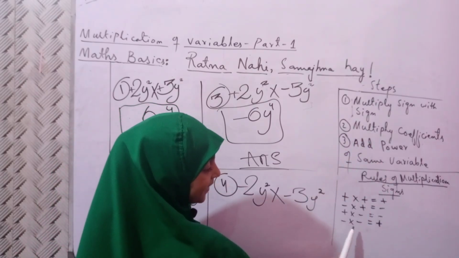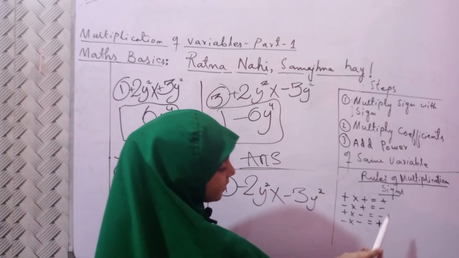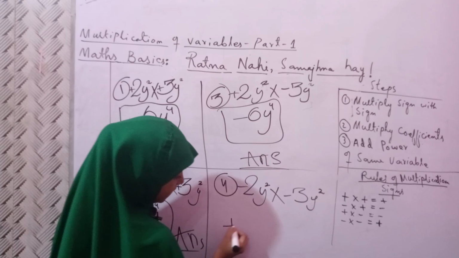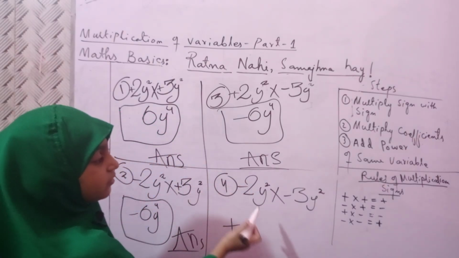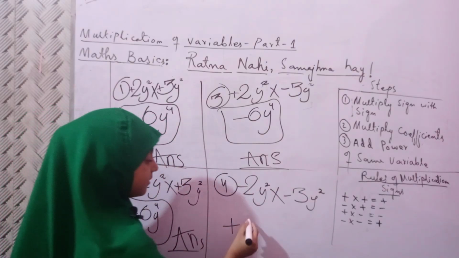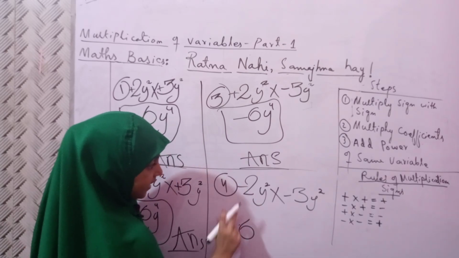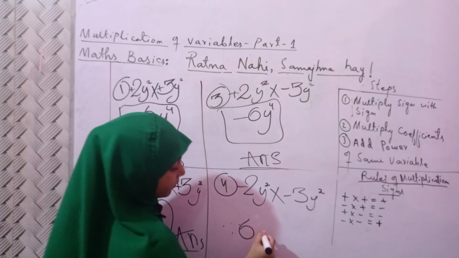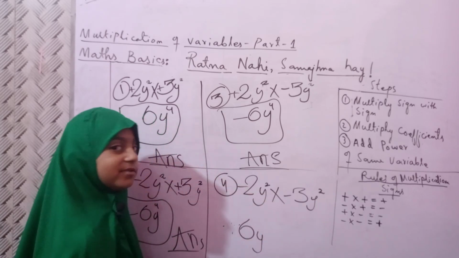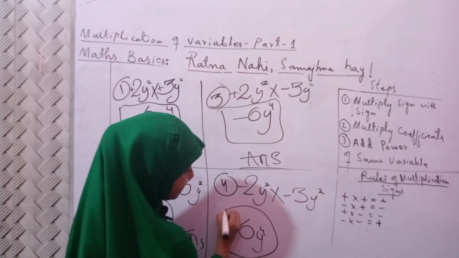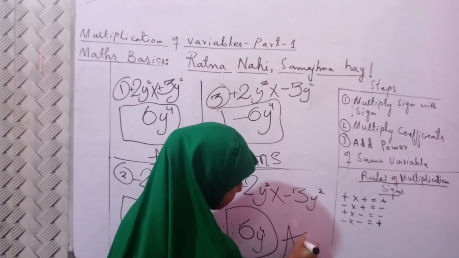Minus multiplied by minus is equal to plus. Now, 2 3s are 6. And I will not show the plus. And y multiplied by y is equal to y. And 2 plus 2 is equal to simply 4. Now, it is our answer.